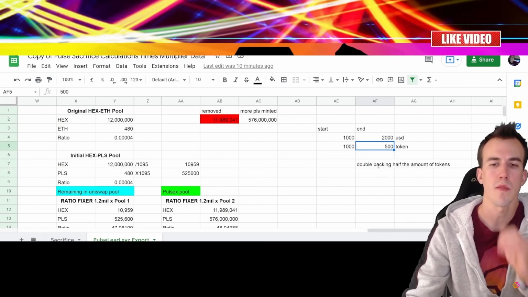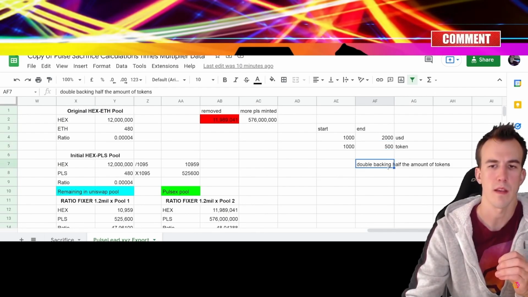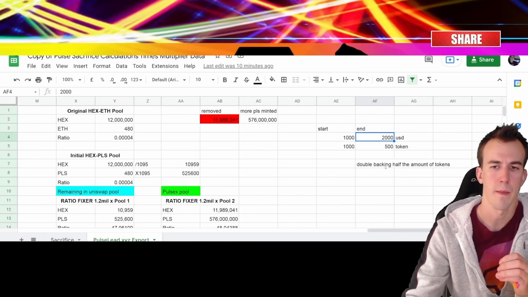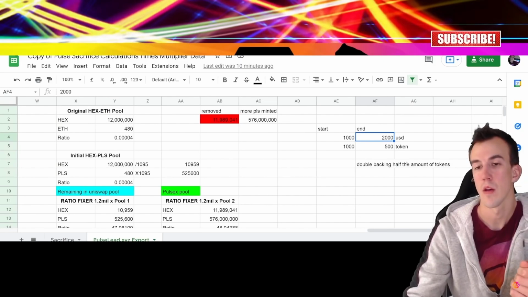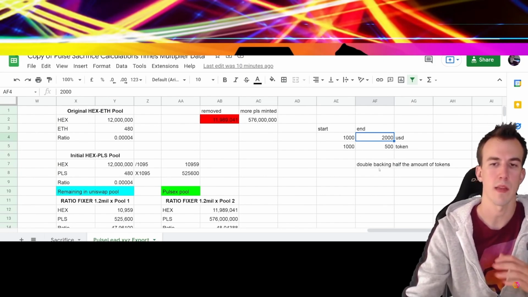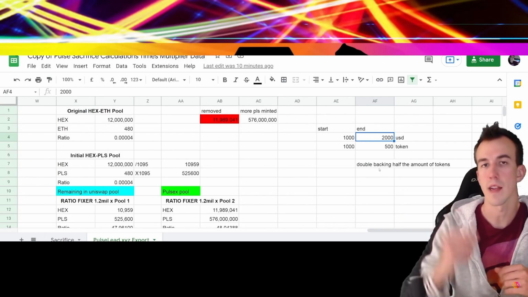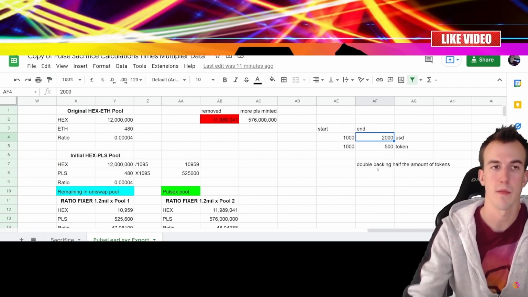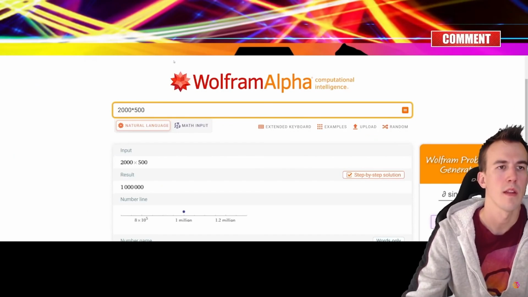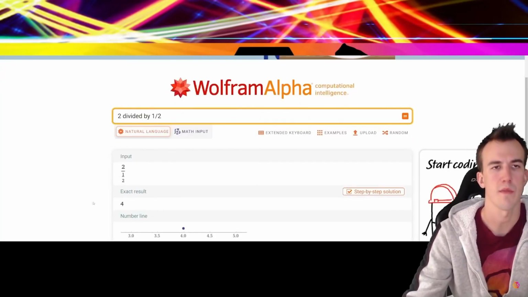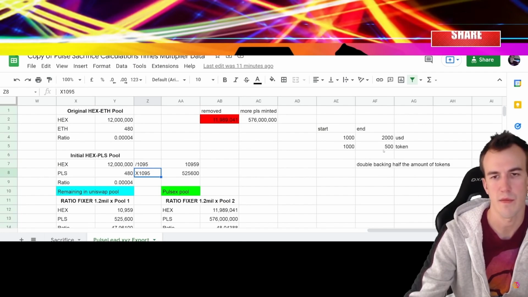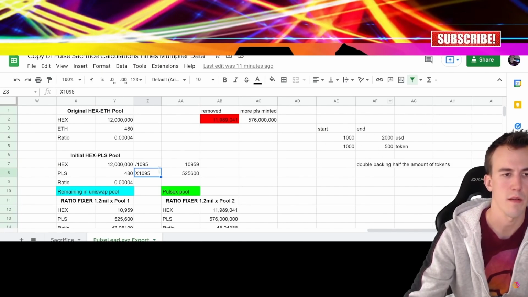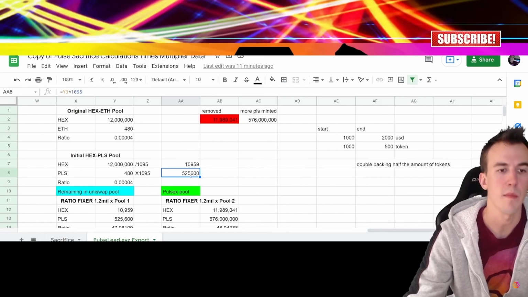If you double the backing of one coin and halve the amount of the tokens that are being backed, what you get is basically 2 divided by 1/2. And 2 divided by 1/2 is 4. That's what's happening over here, but on a much larger scale, 1.2 million X instead of 4x over here.